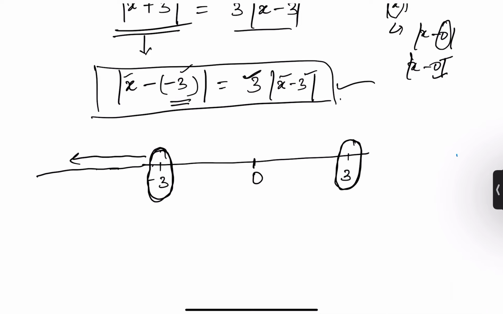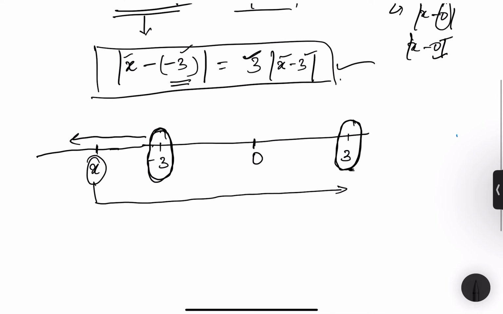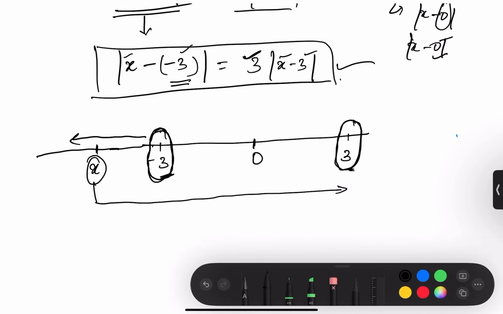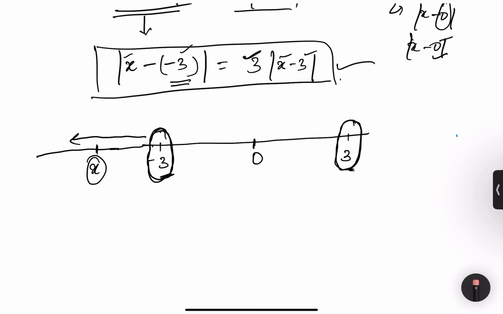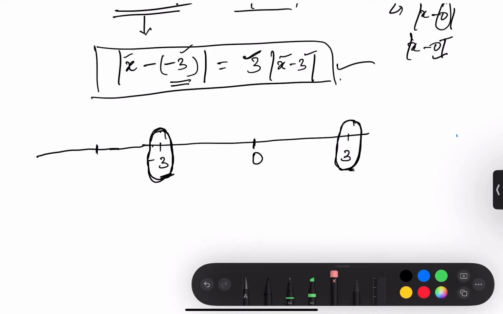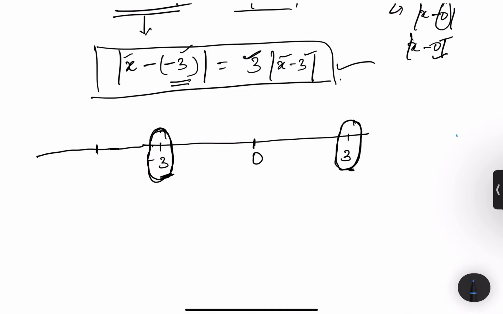But if we select any number here, this x will be even farther away from number 3, which is not the given condition. Given condition says that x should be farther from number minus 3. So therefore, our x can't take any number towards this direction. Now this zone is ruled out. This is not our zone for x.